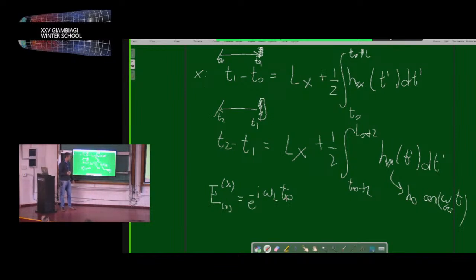And this is the T0. This is the phase that we carry over our trip. And we just express T0 from T2. No? We add these two equations. So we add this to this. And so we get that this will be e to the omega L T2, and then there will be an effect.